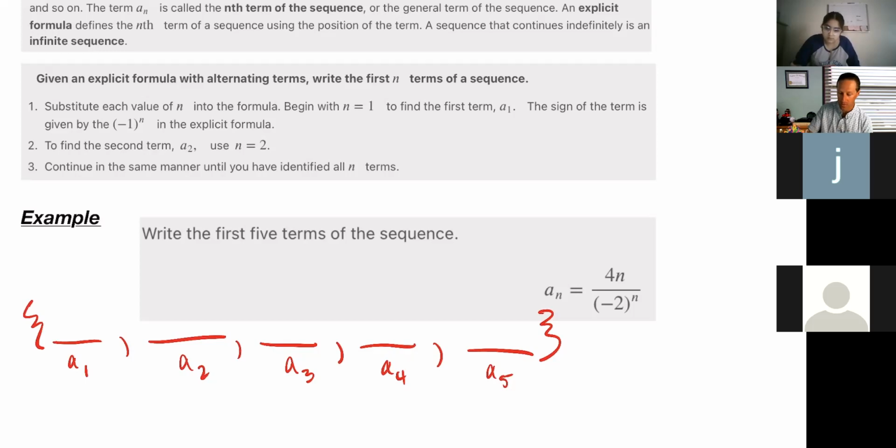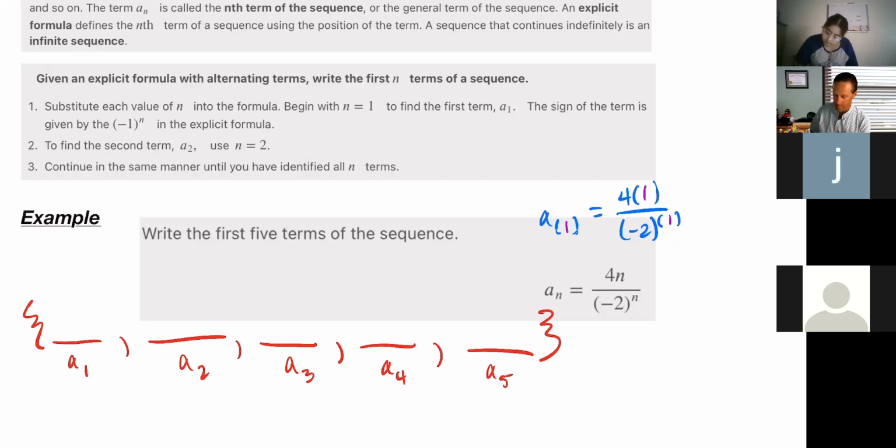Okay, but what are we going to do to find that first one? To find a_n, it's going to be 4 times that n over a -2 raised to that n. So for that very first one, we're going to replace all of those n's with a 1. And that will find a1.